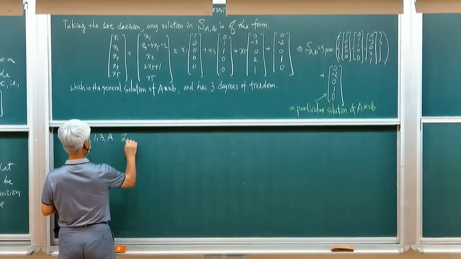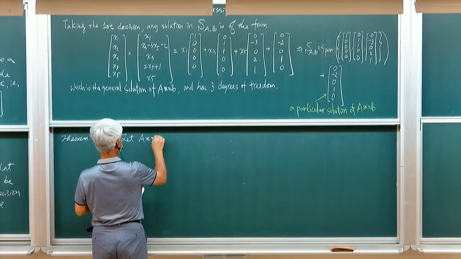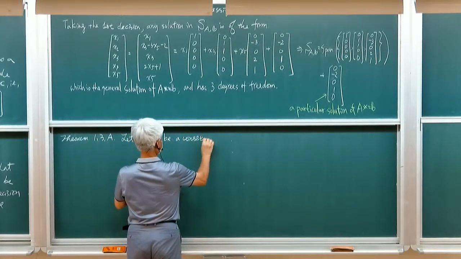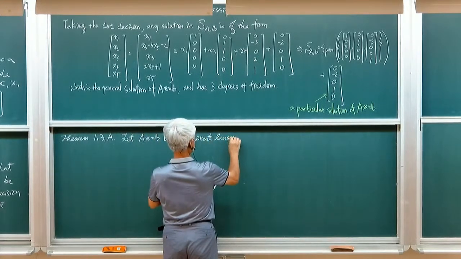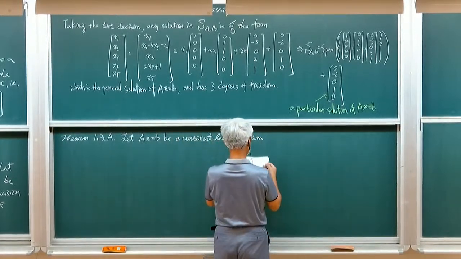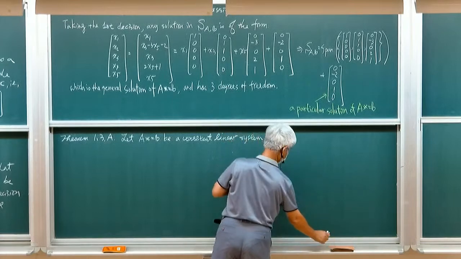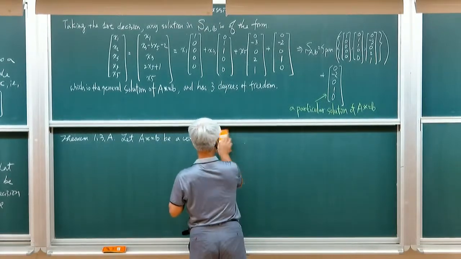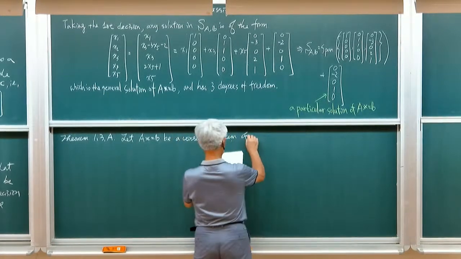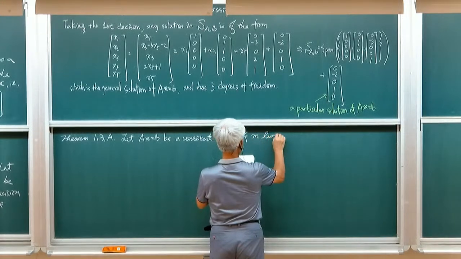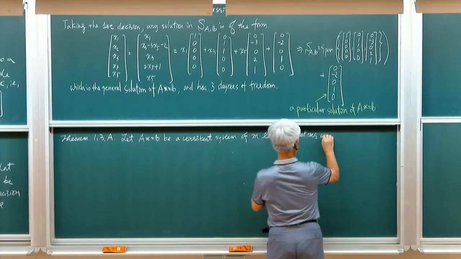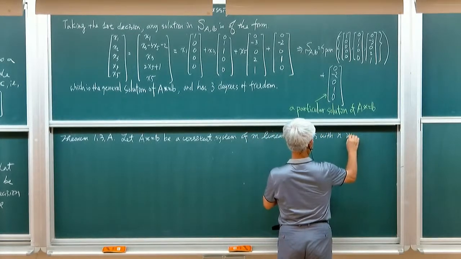All right, so let Ax equal to b be a consistent linear system, a consistent system of m linear equations with n unknowns.